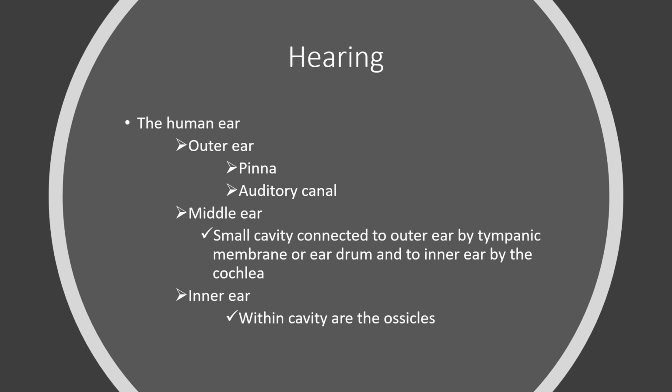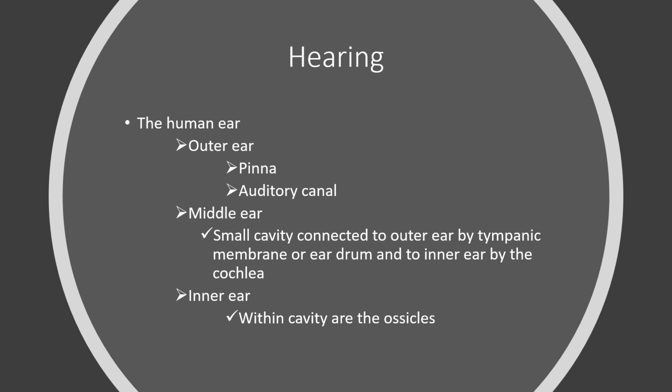It also maintains the middle ear at a constant temperature, even if there are sudden changes in the temperature outside. Secondly, the pinna and the auditory canal serve to amplify some of the sounds.